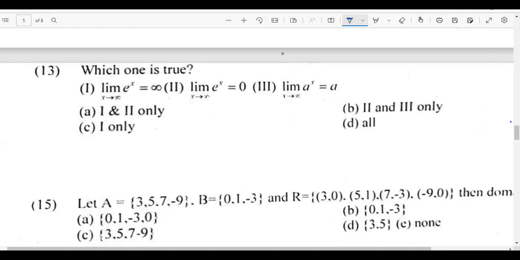Now, this is another question. It says, which one is true? The first one says e to the power x with x going to infinity is infinity. The second one is saying e to the power x with x going to infinity is 0. And then the third one says a to the power x with x going to infinity is a. Think about it and then tell me the answer.